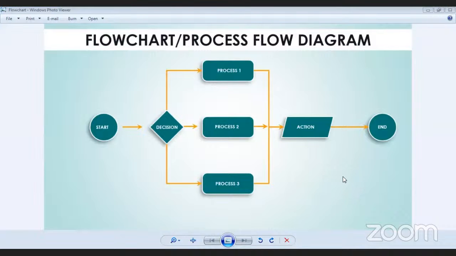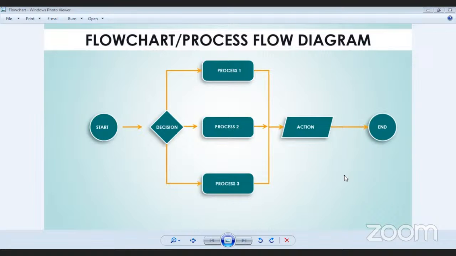Yes, sir. Okay. So see, flowchart, as I told, is a graphical representation of the algorithm, and algorithm is the step-by-step solution.